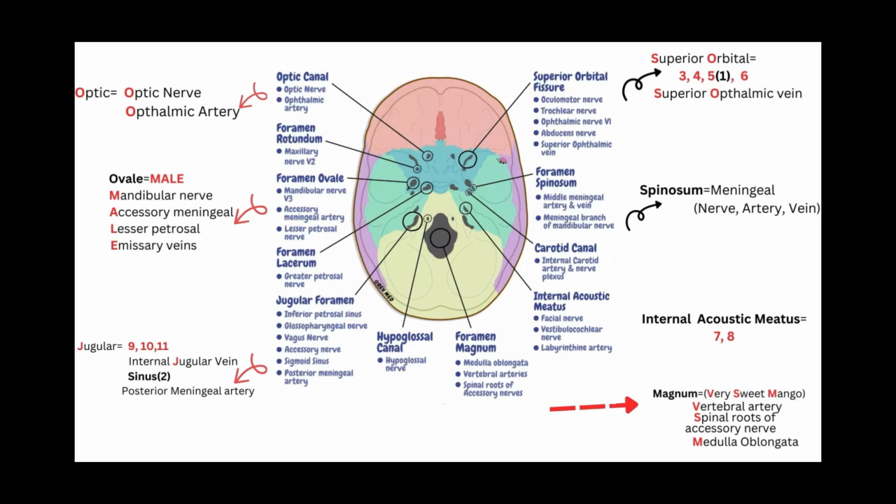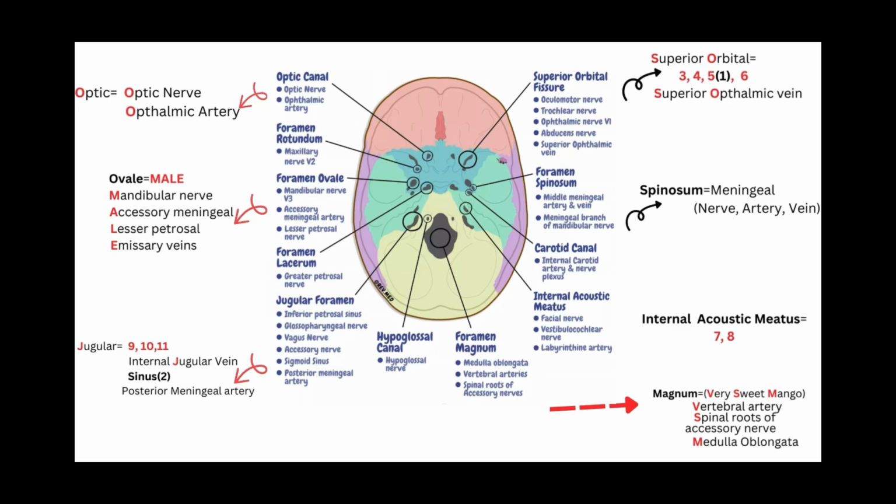Okay, so yet another important slide, that is the foraminal contents: from which foramen which nerve passes. For the first one, it's the optic canal. Optic canal starts with O, and so everything passing through it also starts with O: the optic canal, optic nerve, ophthalmic artery.